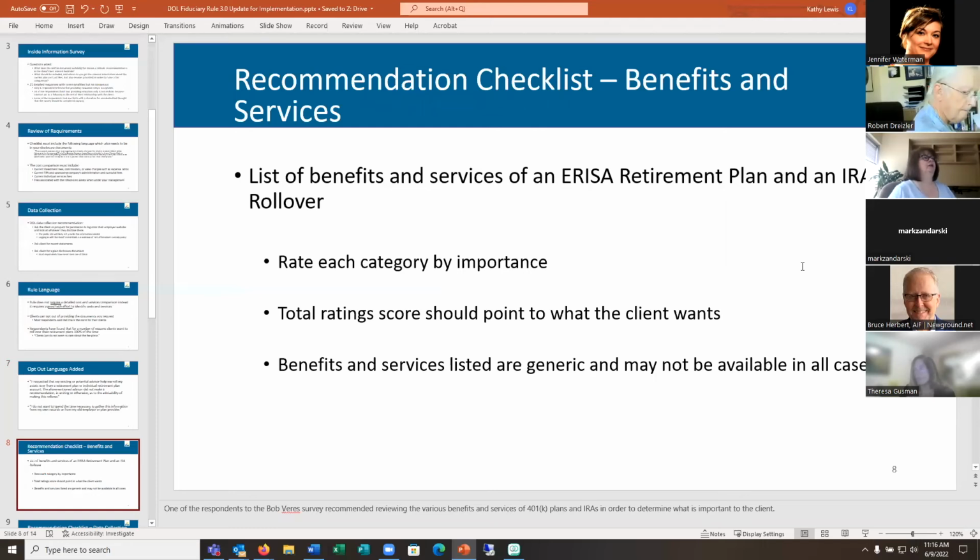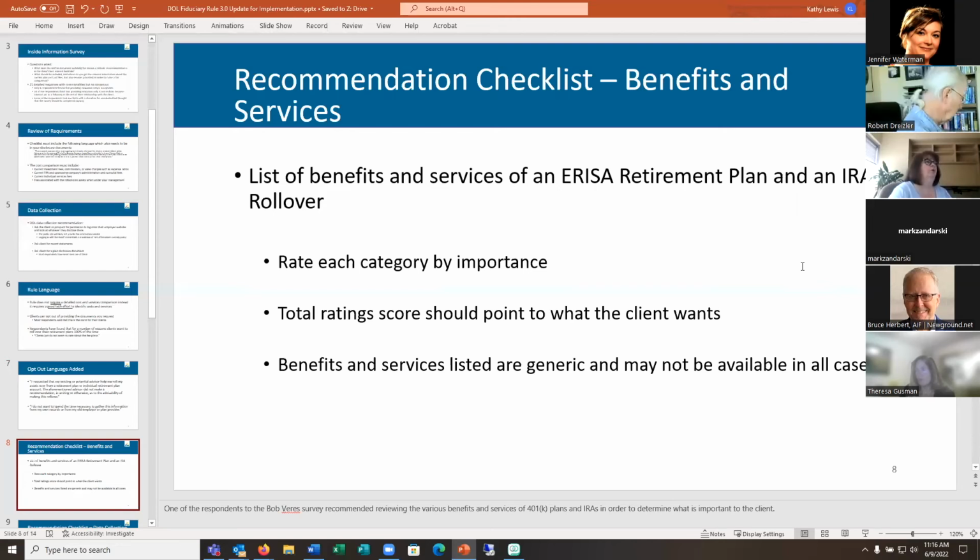So what I included, and this was something else that one of the respondents to Bob Veris's survey recommended, is a checklist in the document that lists benefits and services of ERISA retirement plans versus IRA rollovers. And each of the benefits and services has a space for the client to rate each category by its importance.